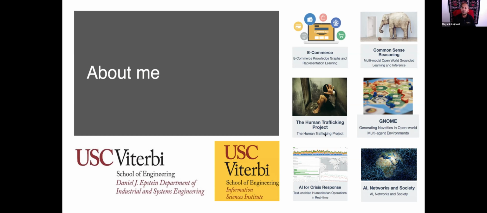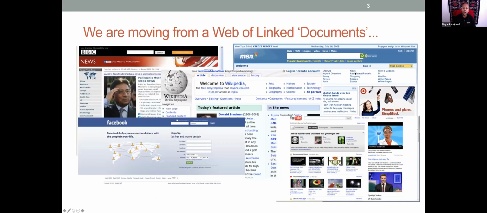And in fact, on the common sense reasoning project, we work with Jure Leskovec over at Stanford CS. So we have a small connection over here to you guys, and these are all very exciting applications of knowledge graphs. By the way, if you want to learn more about any of those projects, feel free to reach out to me. I love to connect over them.